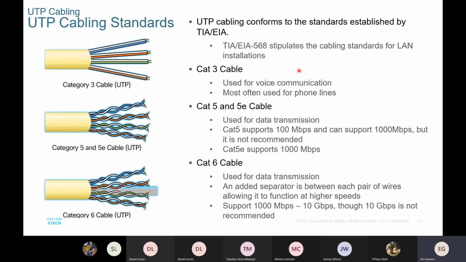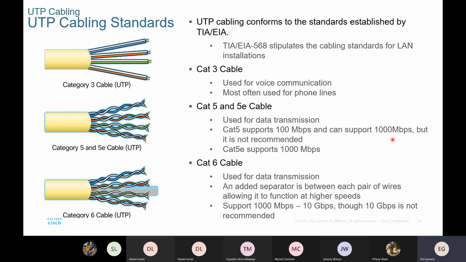When you go to a shop and you want to buy UTP cable, there is a category. Category 3 is good to transmit voice. It's very cheap, but it's low quality, so it will only allow you very low bandwidth. Category 5 is much better. We use category 5 in data transmission. Category 5 supports up to 100 Mbps.